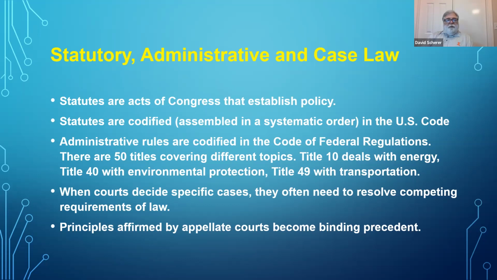Now there's a third kind of law. So we have statutory law, and I told you about the administrative regulations. The third kind of law is when the courts make decisions, they often have to reconcile conflicts. And so when they make those decisions, they create new law, and that's called case law. And that's not codified into some book. It's just that lawyers have to know and work from a more comprehensive, or less codified, way what the precedents are.